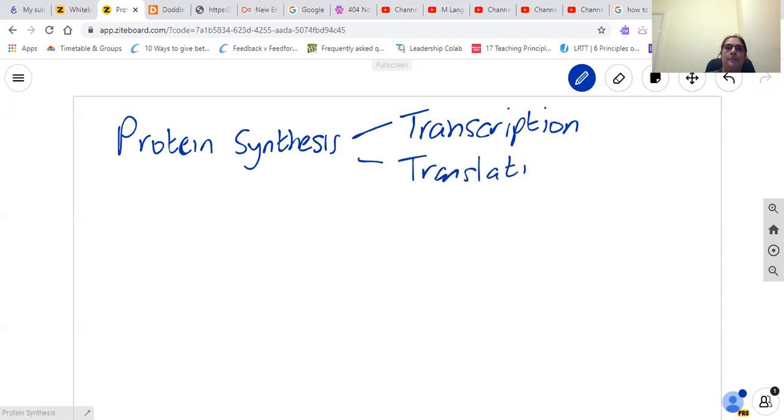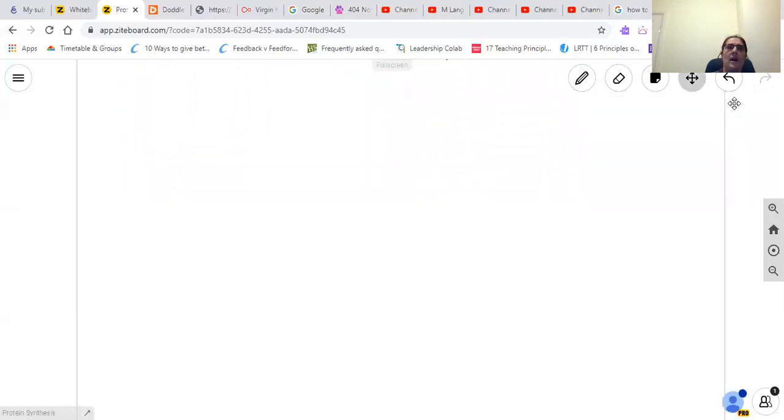The idea being the cell wants to produce a polypeptide from just one gene of a selection of genes. What it's going to have to do is copy that section of DNA, then send out a copy to the cytoplasm, to the ribosomes, where that copy can be decoded to produce your actual polypeptide chain, your amino acid sequence.